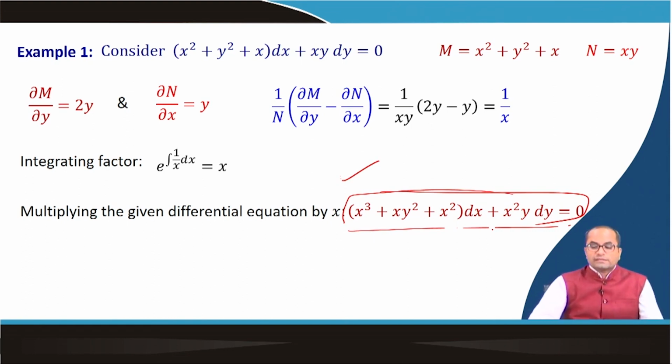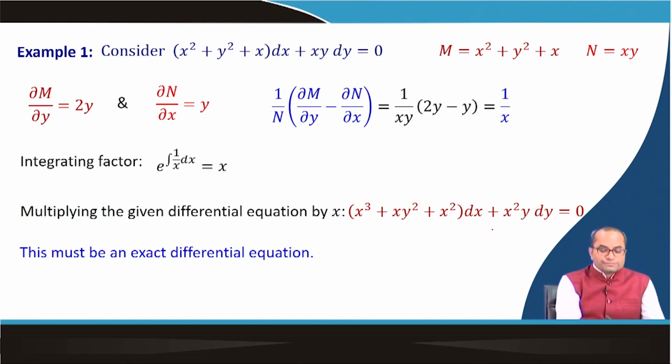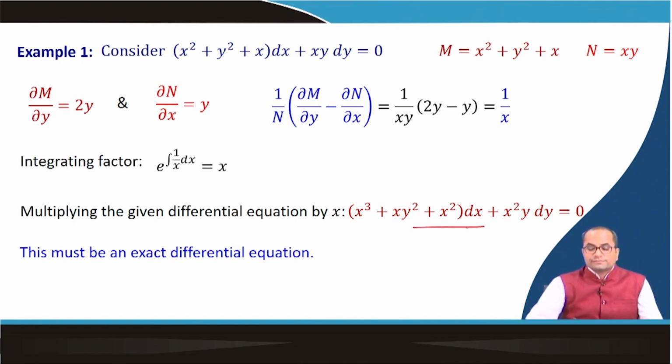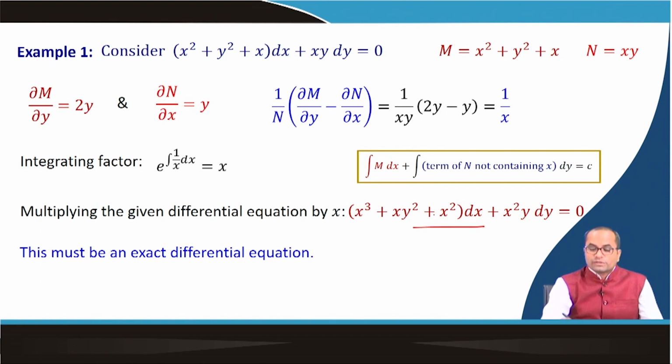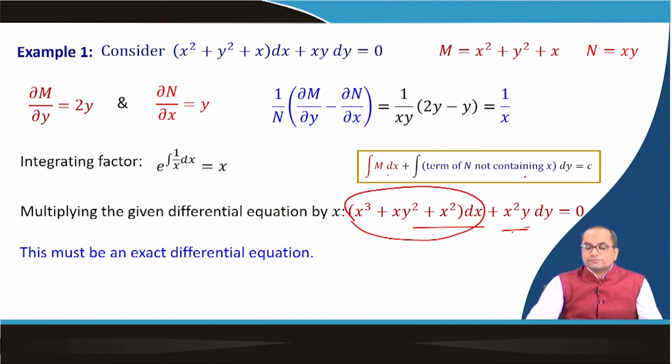So, using that direct formula, just to recall, it was M dx. We will integrate just this M dx term, and in the second, as an integrand, we will take only those terms which do not contain x. Anyway, in this N we do not have such a term, so that is a 0 there.